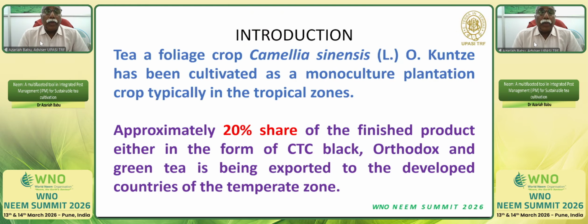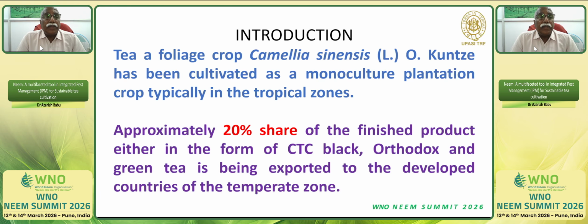Coming to the introduction, I worked on tea for 25 to 26 years, and as a plant protection man, I would like to highlight my experience. Tea is a foliage crop. It has been cultivated as a monoculture plantation crop, typically in the tropical zones.